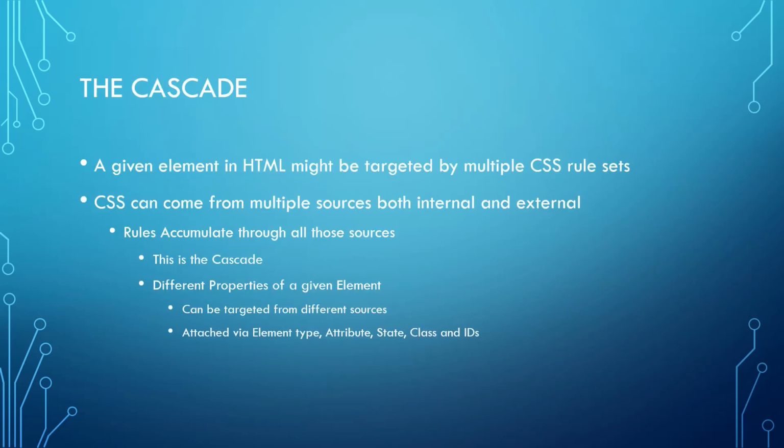So the cascade. A given element in HTML might be targeted by multiple CSS rule sets. And these CSS rule sets can come from multiple sources, both internal and external. And so you can have multiple internal sources. We've seen, for example, an internal CSS style sheet within a single element in the header section of our HTML.